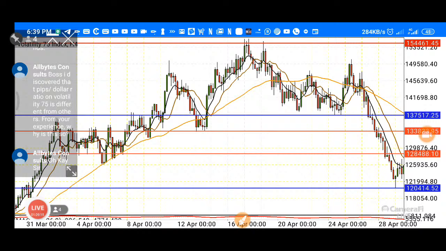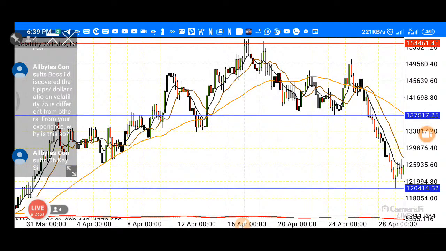So wow, let me delete this level and also this level. Okay, so see what happened here. This is one of the levels we've drawn before.